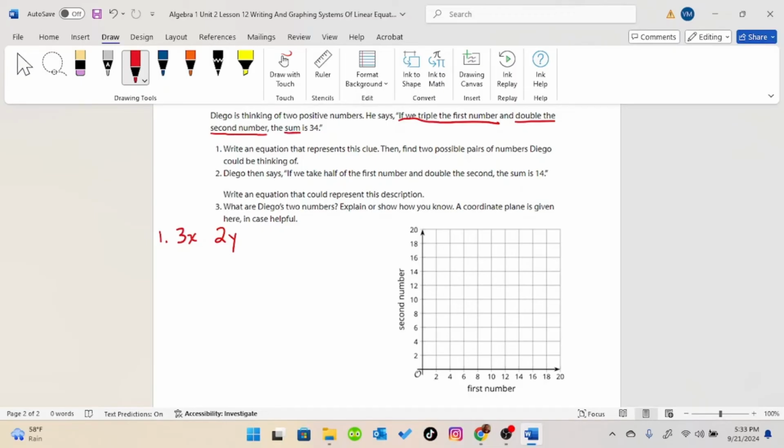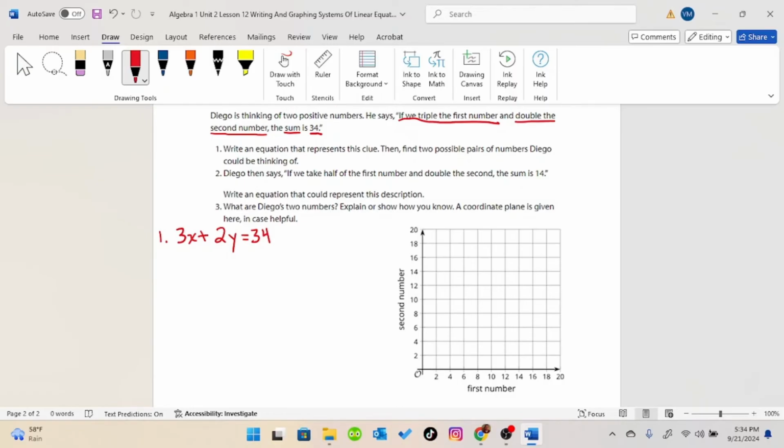The sum means plus, and the sum is 34. That means it equals 34. Then find two possible pairs of numbers Diego could be thinking of.